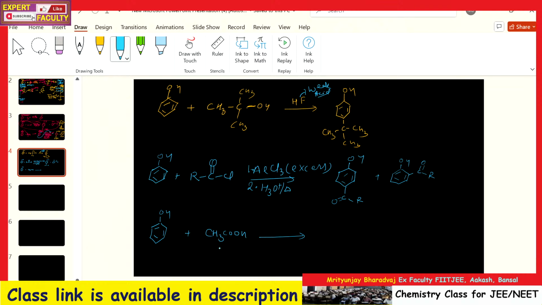We take a carboxylic acid, and with the carboxylic acid we take a Lewis acid like BCl3 or BF3. BF3 will take OH from the carboxylic acid. CH3 C double bond O will be generated, which will act as an electrophile and get bonded to the phenol, and we will get the desired product, that is the carbonyl at the benzene ring.